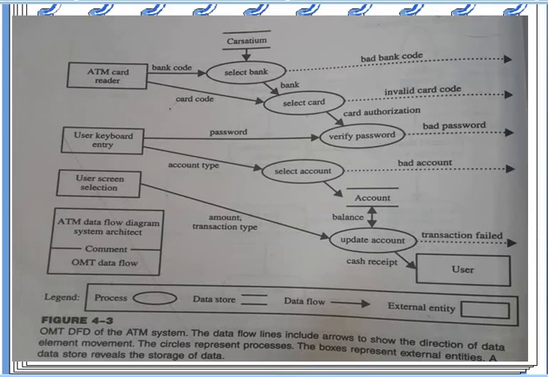Data flow lines include arrows to show the direction of data element movement. Circle represents processes, the box represents external entities, and the data store reveals the storage of data as shown in the figure. This is all about Rumbaugh object modeling technique. Next we'll discuss Booch methodology.